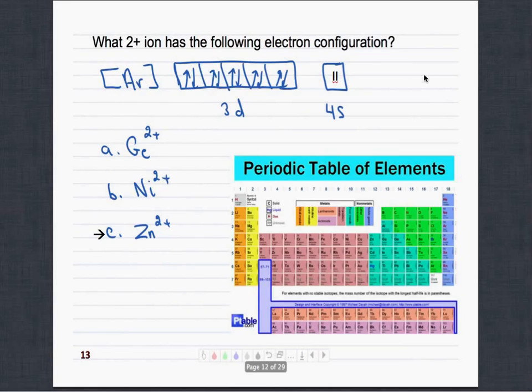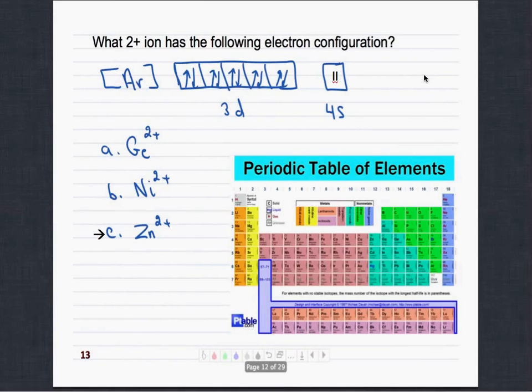Usually the easiest way is to look: if it is a 2 plus ion, that means it already lost 2 electrons, so you add 2 electrons. It is the opposite of the question, what is the electronic configuration of sodium plus? You first write the electronic configuration of sodium, then you take 1 electron. In this case, you have the electronic configuration of the cation, and then you're going to add 2 electrons to it. So zinc 2 plus is the right answer for this one.